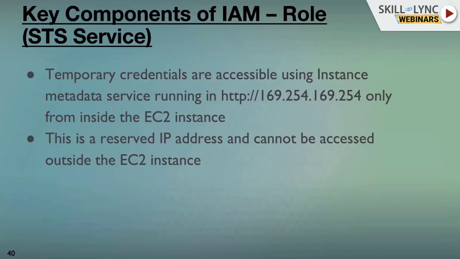Only the machine where you generate the keys will be able to read the metadata. The metadata contains a lot of information, like what security groups are attached, what the EBS volume space is, and all those things. On top of it, it also stores security credentials here. If someone wants to access the security credentials using this IP address from outside, it's not possible. It is only possible if the user is within the EC2 instance.